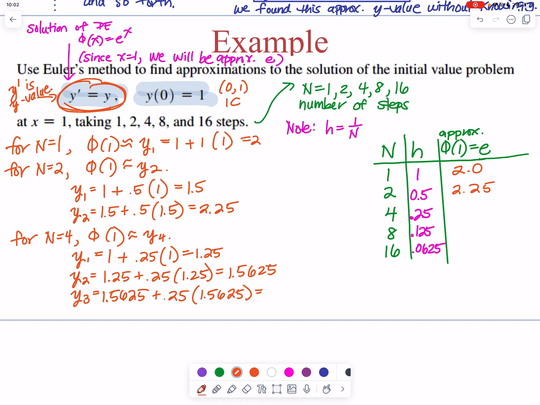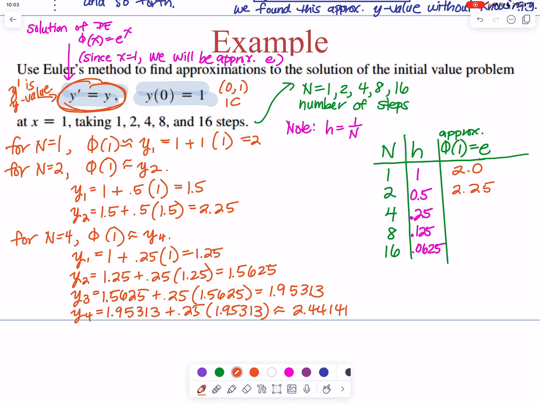That's going to be equal to 1.95313. And finally, that fourth step, plus 0.25 multiplied by that y value, and you'll get approximately 2.44141.